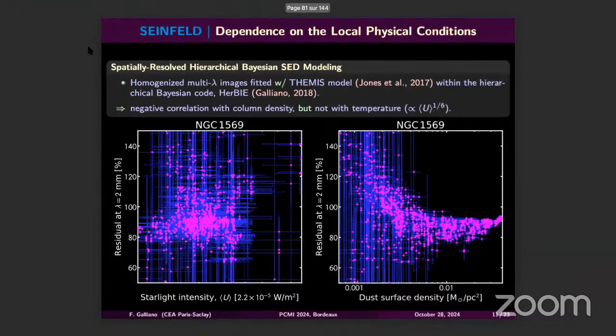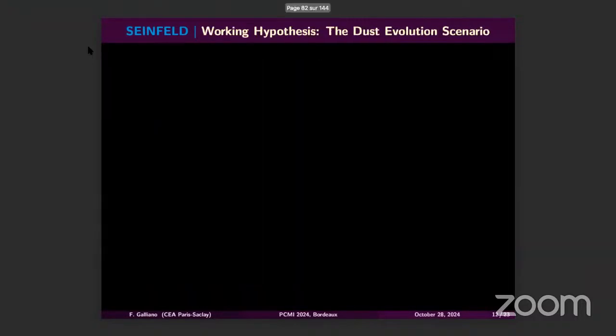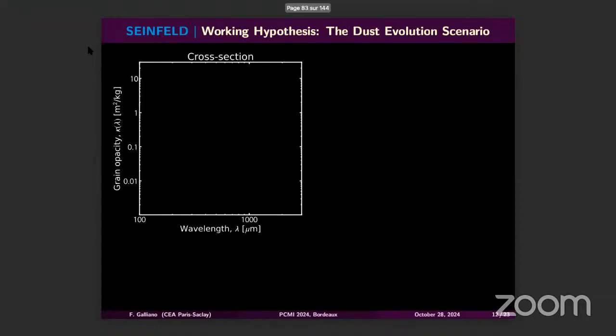So what we are doing right now is trying to interpret this trend with a simple model. We have a work in progress, a working hypothesis, where the strength of this excess varying inversely with the column density might be linked to the mantle growth on the grain.